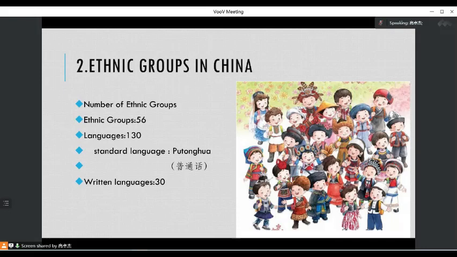In Europe, some countries name their own countries after the most populous ethnic groups in their countries. But China has not done so.